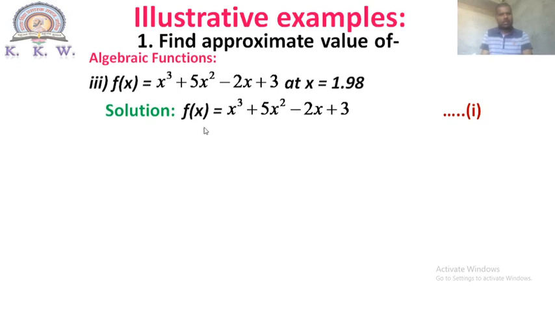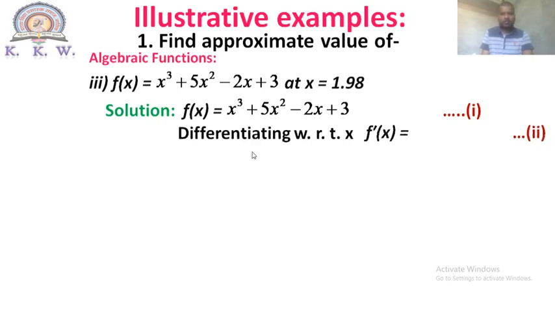Now differentiating this f of x with respect to x, the derivative of x cube is 3x square, derivative of 5x square is 10x, derivative of minus 2x is minus 2, and 3 is constant, so its derivative is 0. Therefore f dash of x is equal to 3x square plus 10x minus 2.